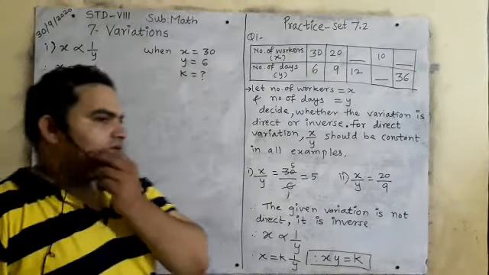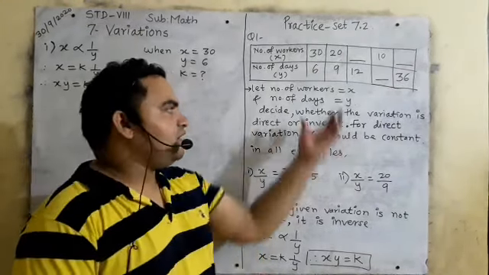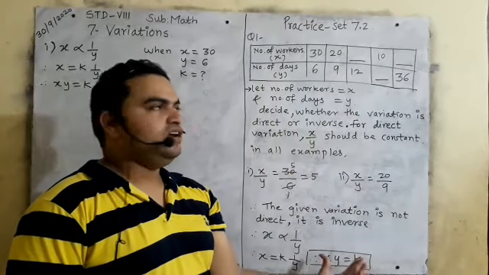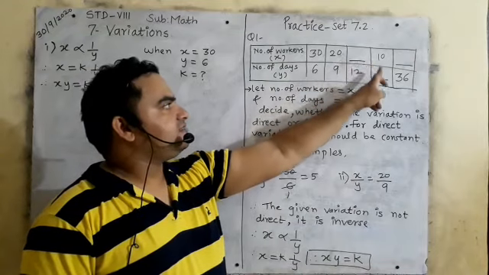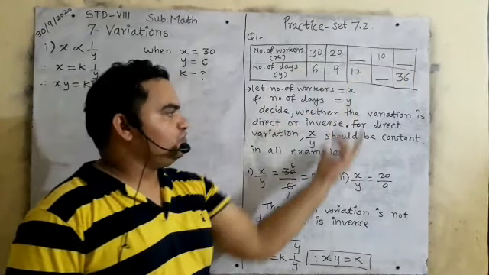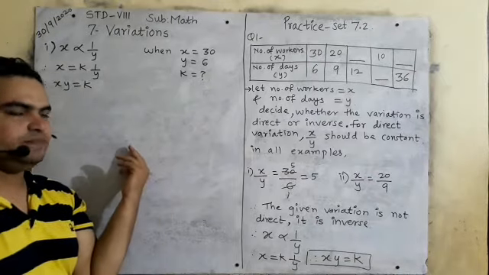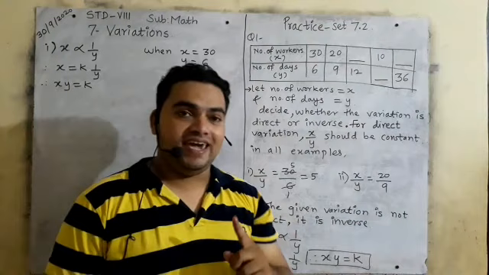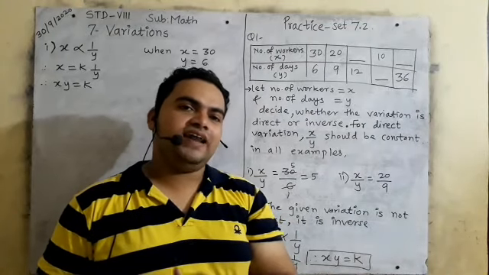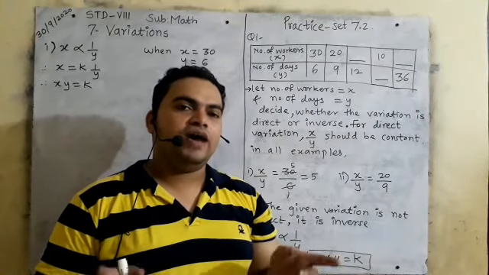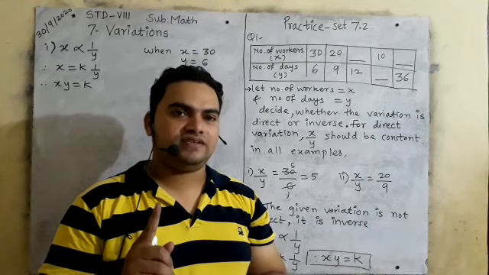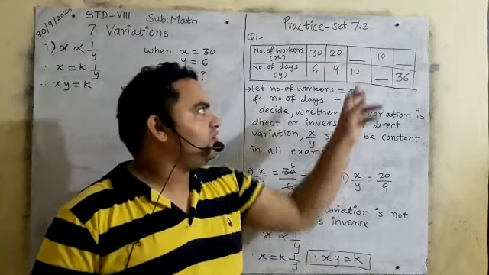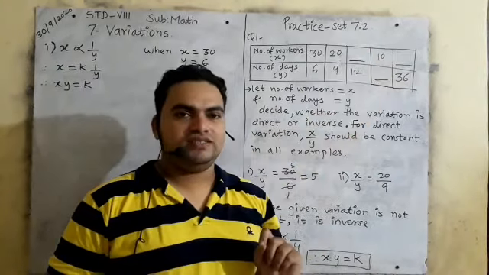Is it clear? So my dear students, now I will utilize this table and this explanation to solve for x and y. I will use these only on this side. Please pay attention. So first we will utilize the first column to find k. Always remember, for direct or inverse variation, you have to find the k value first. That k value, the constant value, we will be utilizing for further solutions. Is it clear?